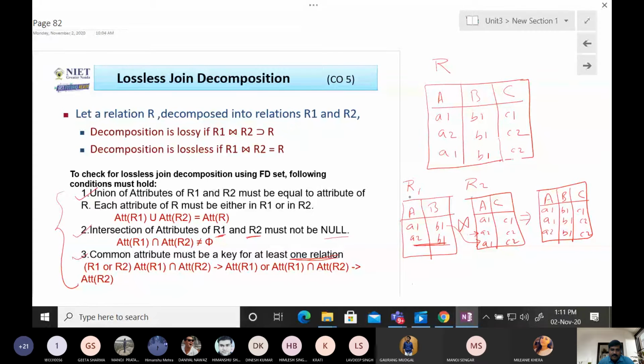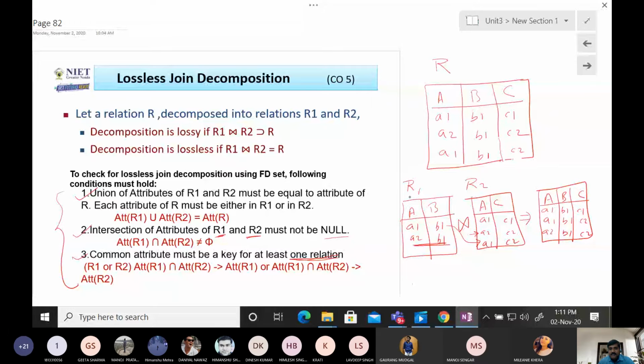Have you understood the concept of decomposition? There are two types of decomposition: lossless join decomposition and lossy decomposition. Which decomposition is good? Lossless join decomposition. In normalization, we generally decompose relations up to third normal form or BCNF.